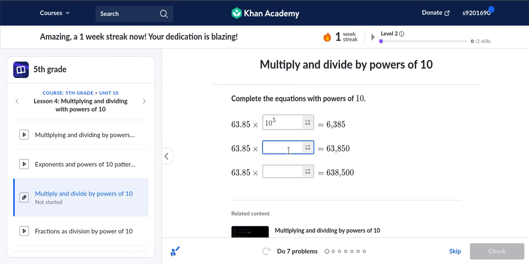Yep, 10 to the third power is 1,000. 10 to the fourth power is 10,000.